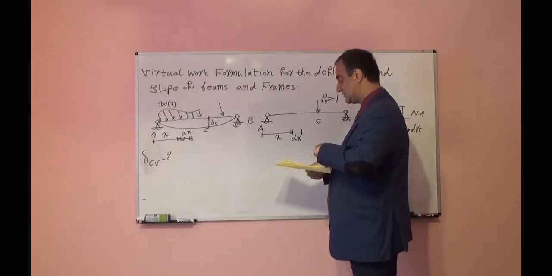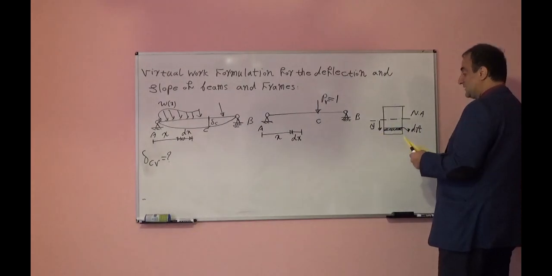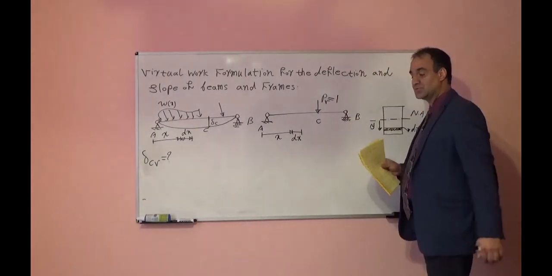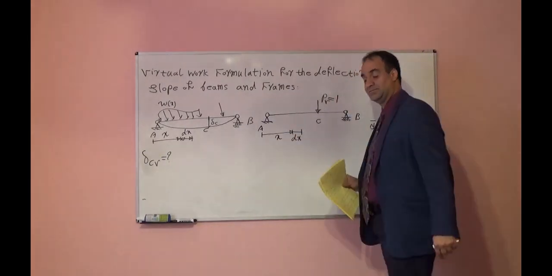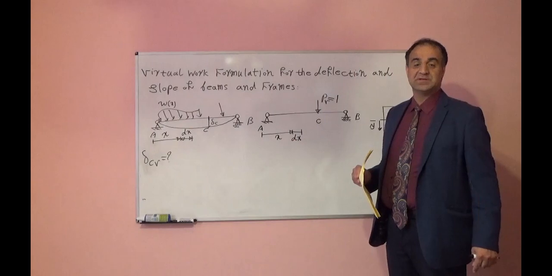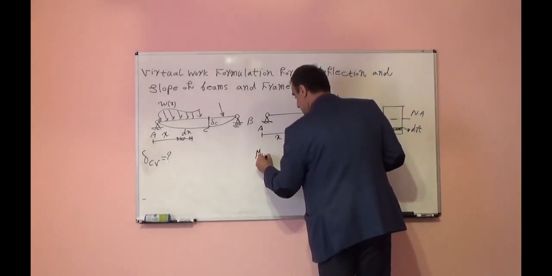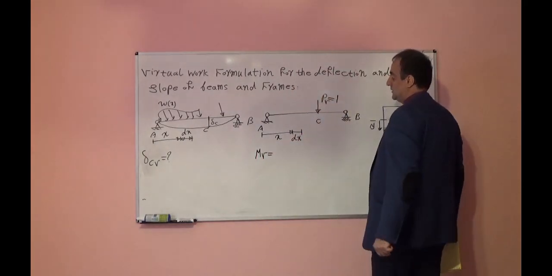Let's see what the stress is in that element when we apply this virtual load. This virtual load will produce a moment at this element, assume it is mv, m virtual, in that element because of the virtual load.